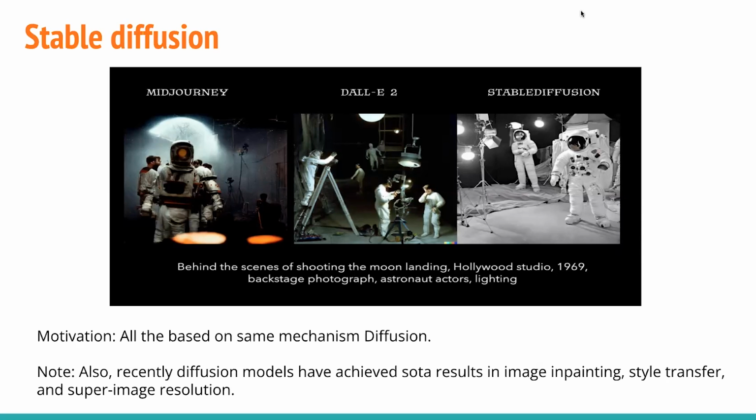The basic application is data creation. But new algorithms like stable diffusion have shown that you can even create videos from text. It will generate the whole video that you have described in the text. I hope this is clear.